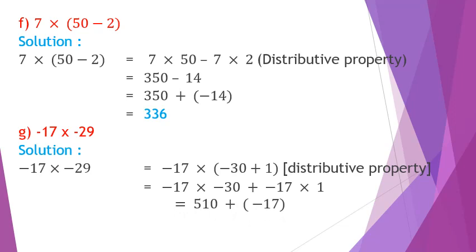So, 510 plus minus 17. Apply the rule of addition of integers, we get 409. Next question is H, that is minus 57 into minus 19 plus 57.